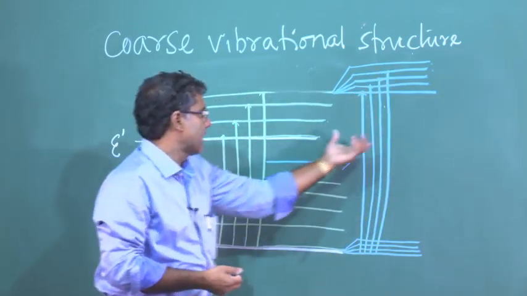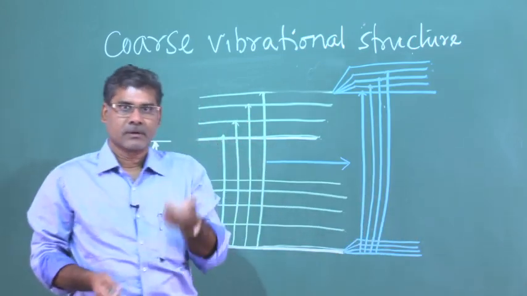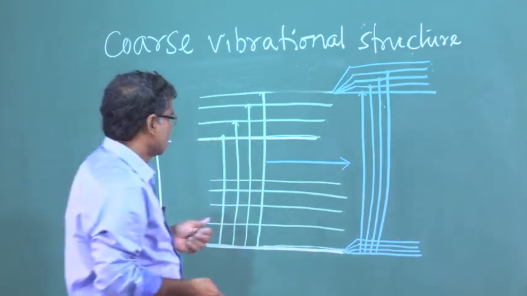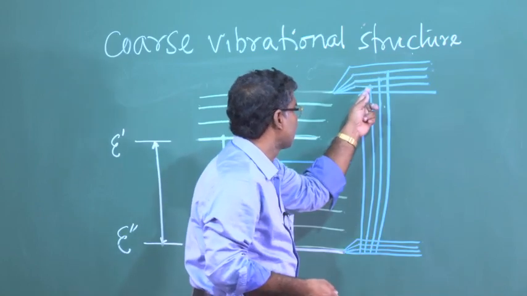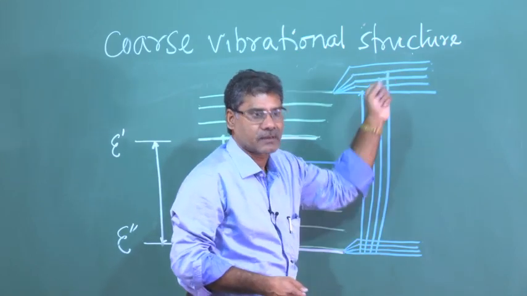Here I have shown just following one, del J equal to 0, plus 1, plus 2, plus 3. Okay.